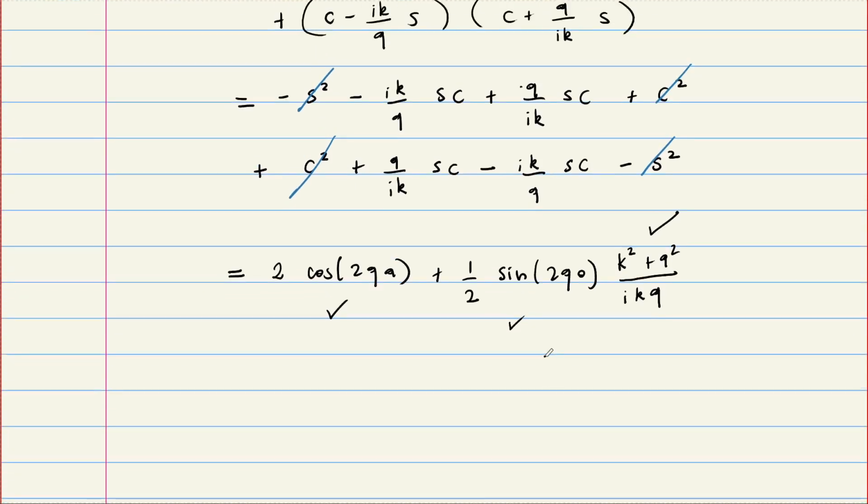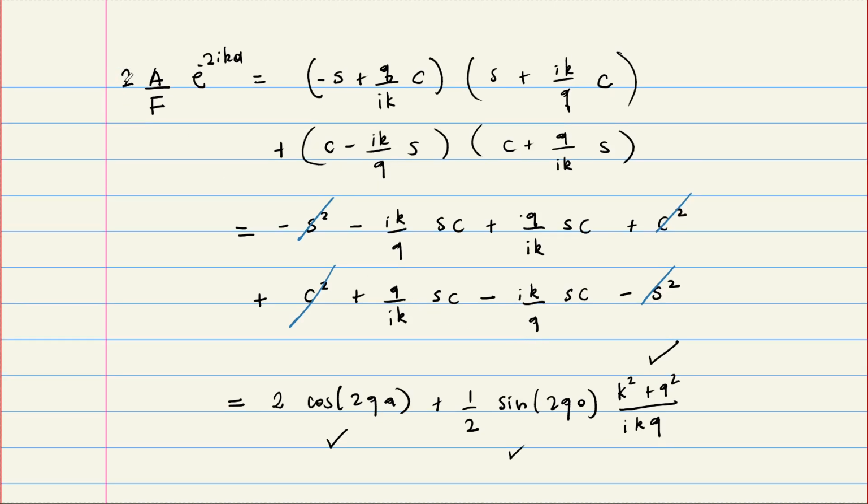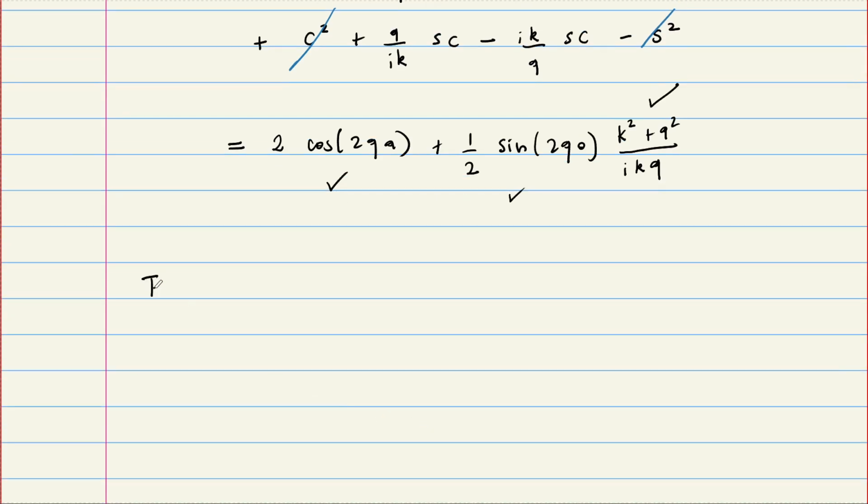Now what is this? This is 2 times A over F. And if I take the absolute value, this is going to be transmission coefficient, right? Like T inverse is equal to A over F squared. We are going to take absolute value squared.